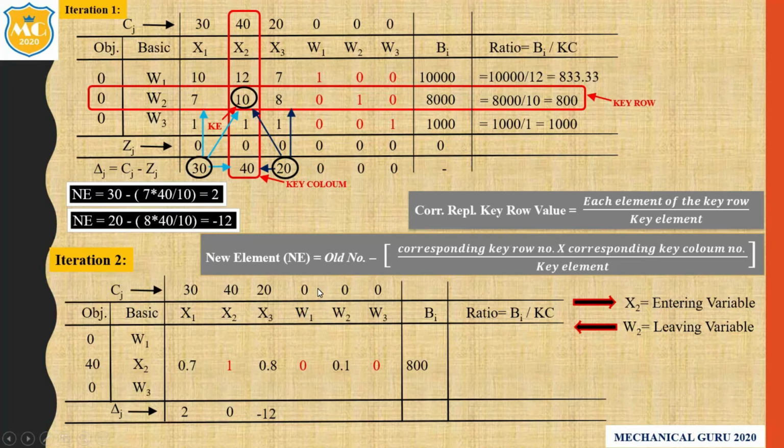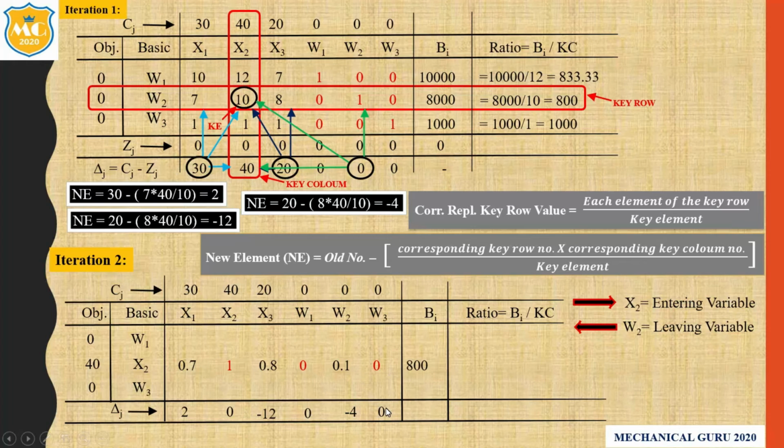Next, again the same equation, 0. Next we find this value: old number 0, corresponding key row 1, corresponding key column 40 and key element 10. So here we get the value minus 4.